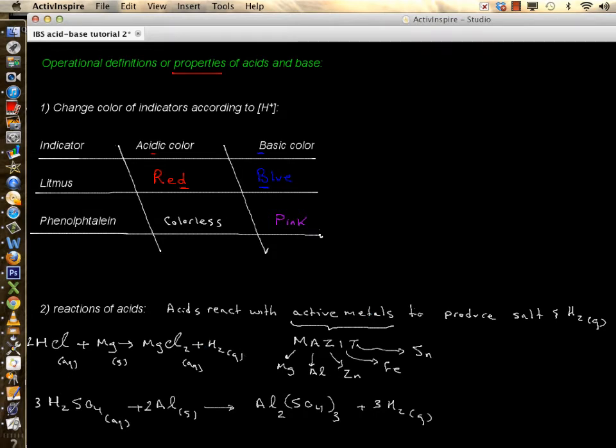The second reaction of acids, I call it the B category. Acids react with carbonates, or carbonated rocks, to produce salt, water, H2O, and carbon dioxide, CO2 gas.